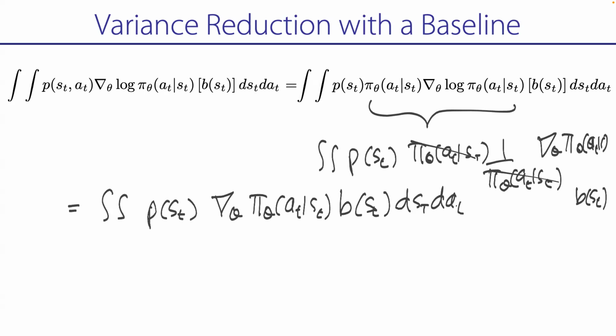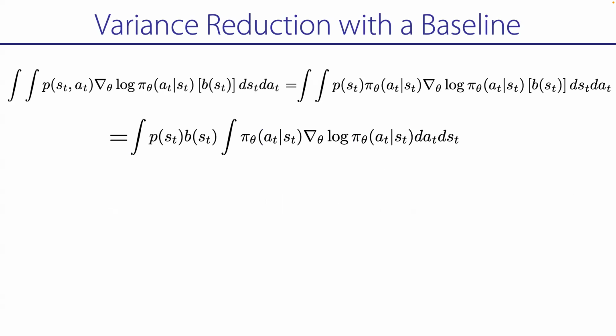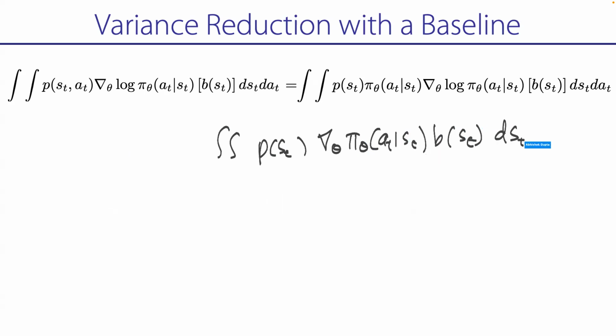Okay, so now we want to get this to a zero. How do we do that? We've simplified this to P of S_t times grad theta pi theta of A_t given S_t times B of S_t dS_t dA_t.